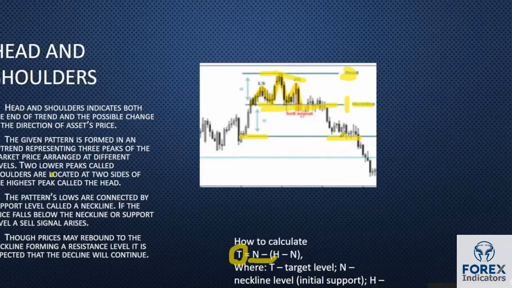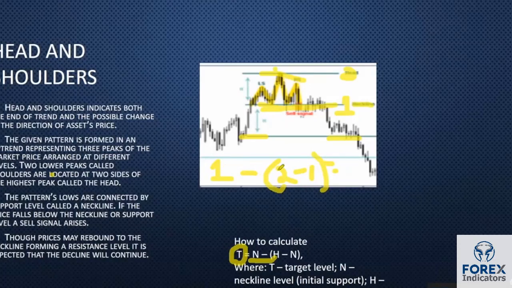What you would do is take the neckline, in this case number 1, or $1 or whatever you want to call it, minus the head, which we said was 2, minus the neckline, which we already assigned the number 1, and this will give us the target price moving down.